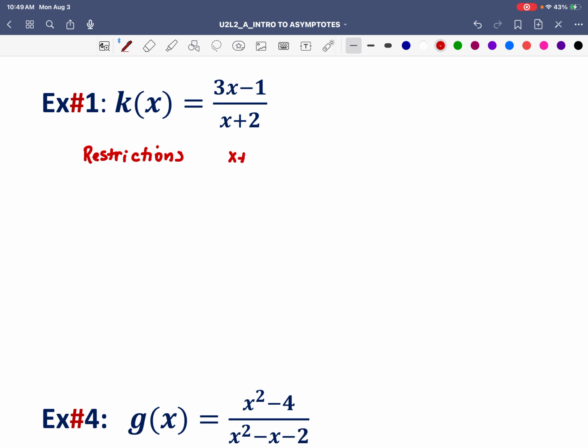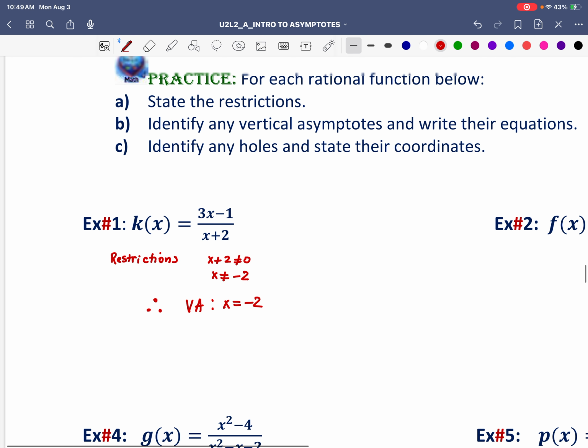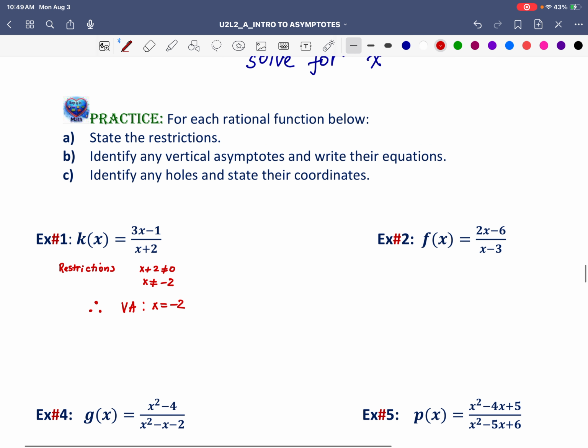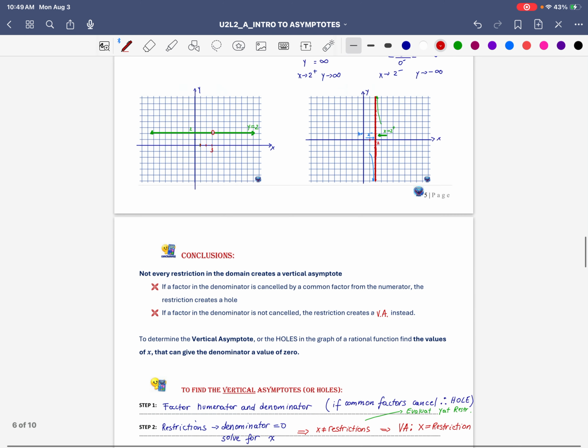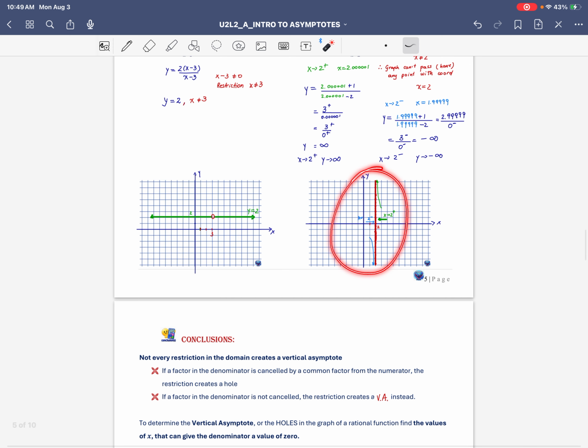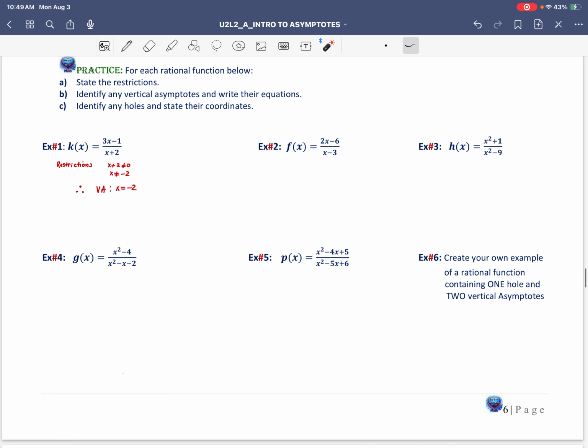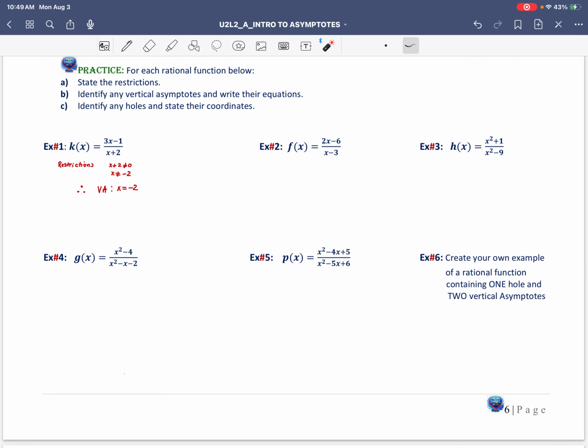So we're going to say x plus 2 cannot equal 0, which means x cannot equal negative 2. So therefore, this function will have a vertical asymptote right at x equals negative 2. That's it, that's all. Now, we're not asked to determine the behavior or anything like we did in the previous example. That was done just for the purpose of understanding how they work, like what they do to the graph of a function.